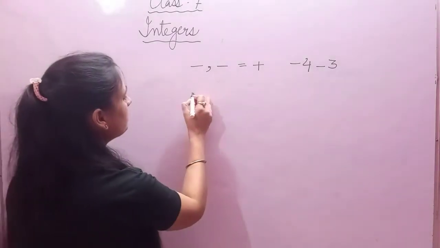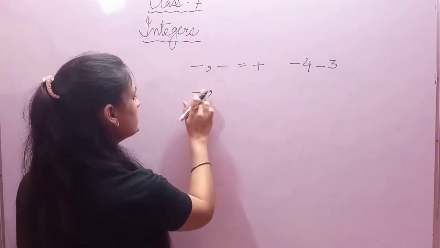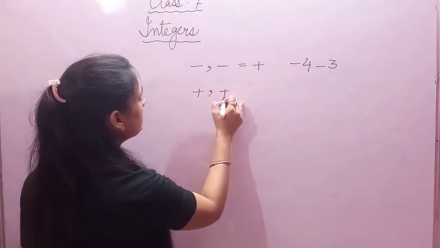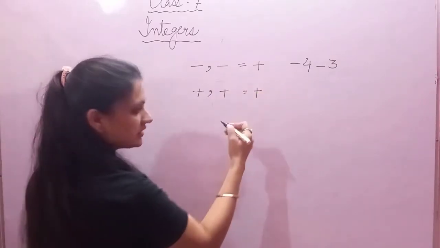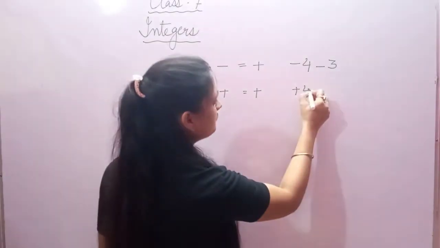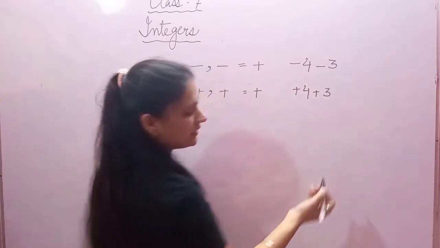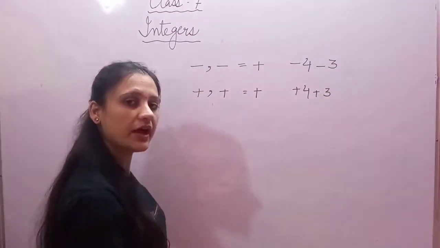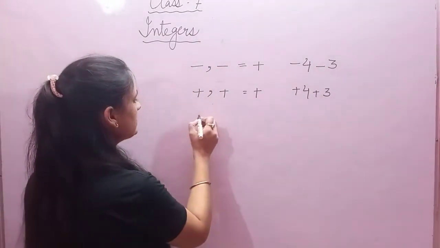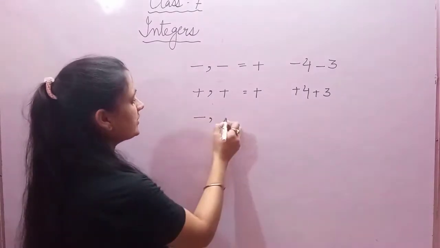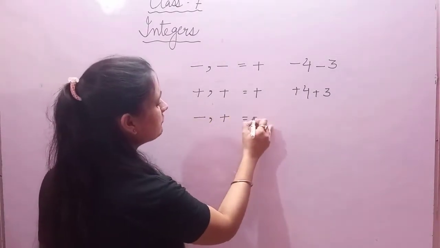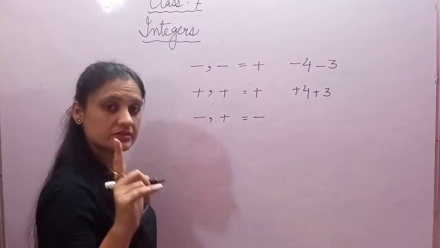Next, when both are positive, again it is plus. For example, plus 4 plus 3, plus means you are going to add. Next, if one number is negative and the other is positive, then what operation to be applied? Subtraction.